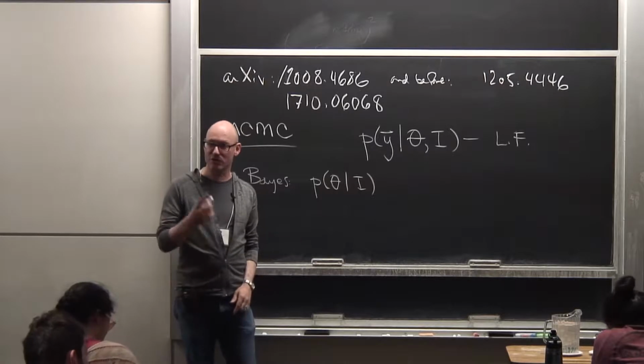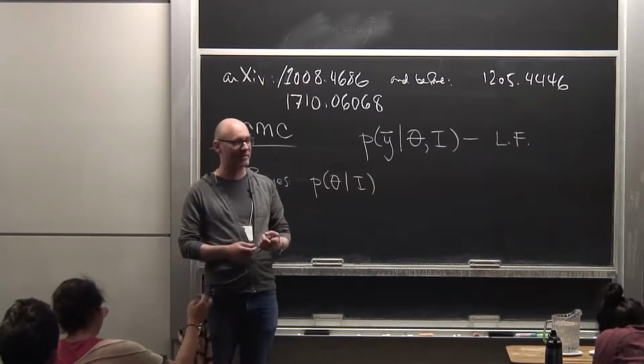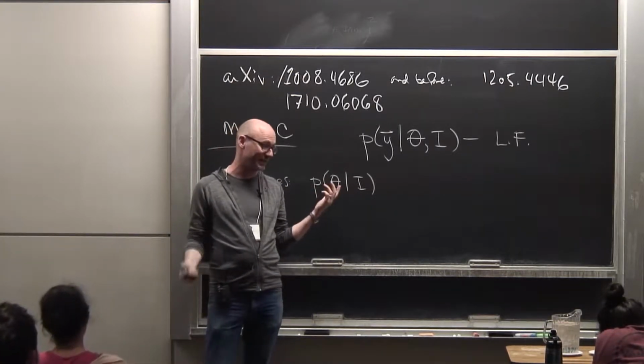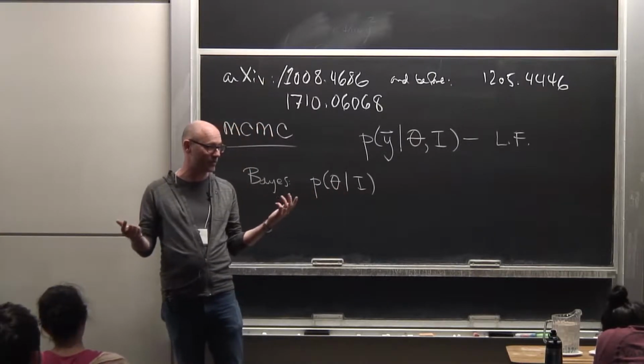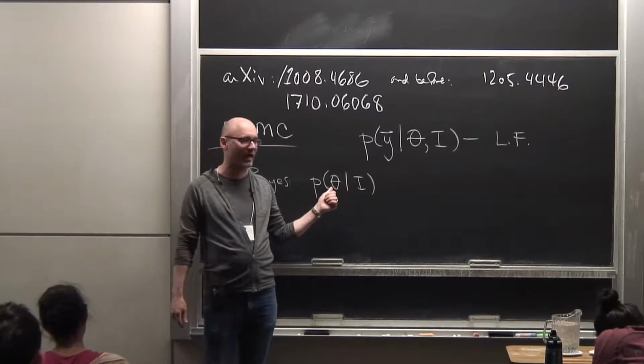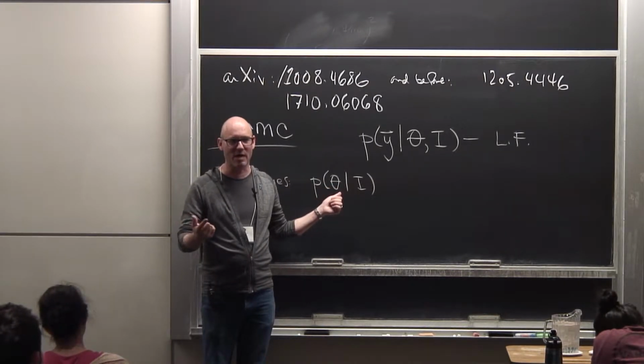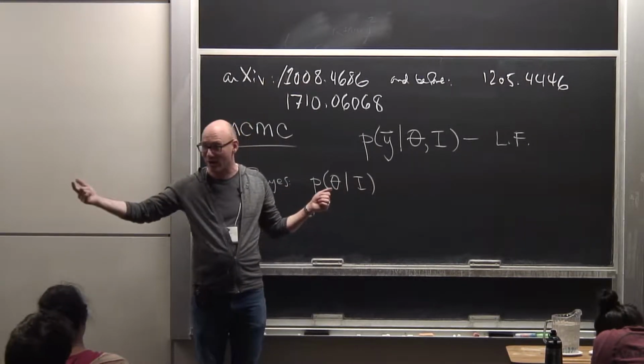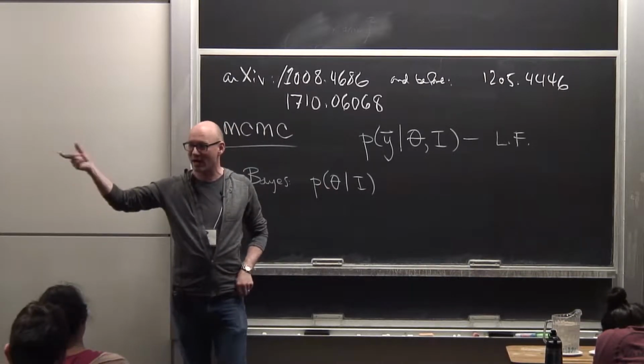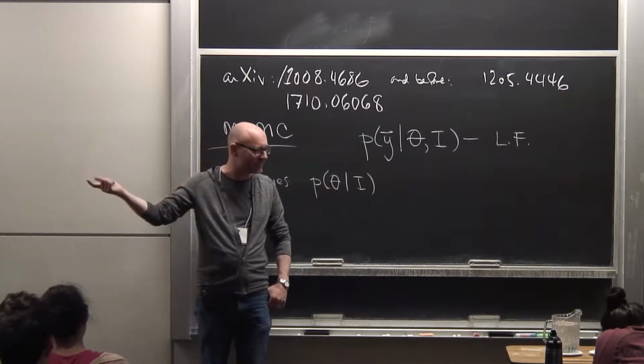And this has two aspects to it. One is that it should encode your beliefs about those parameters beforehand. For instance, sometimes you know that some parameter can't be negative. Sometimes you know that a previous experiment measured the parameter and got some value, and you basically believe that experiment.